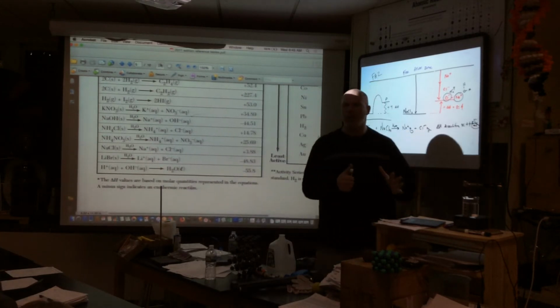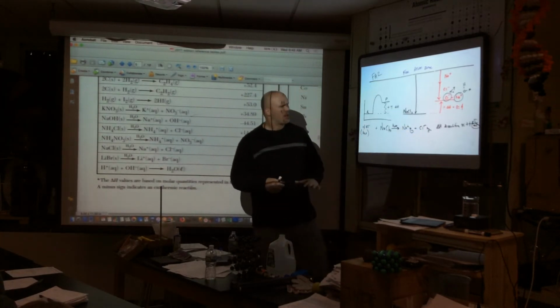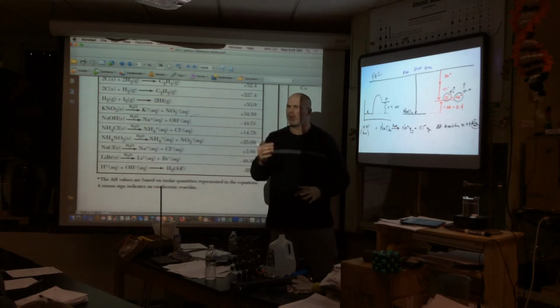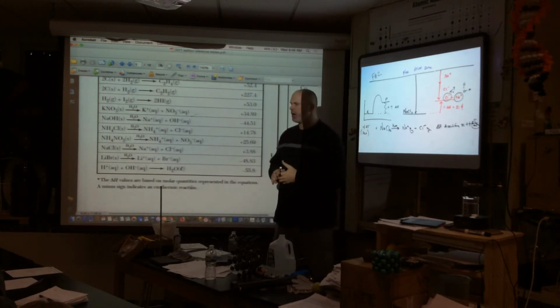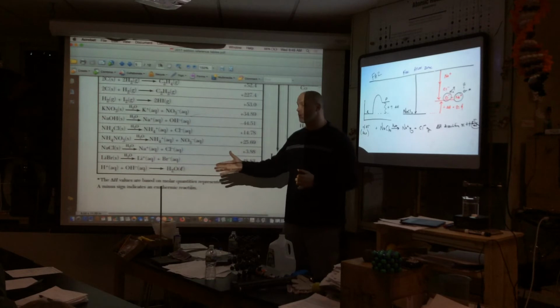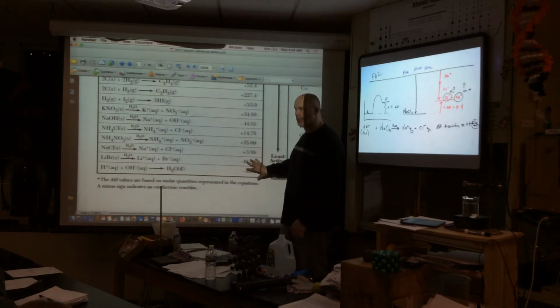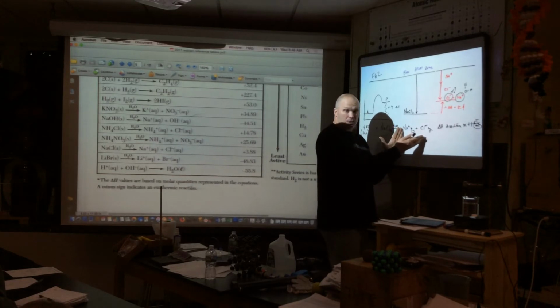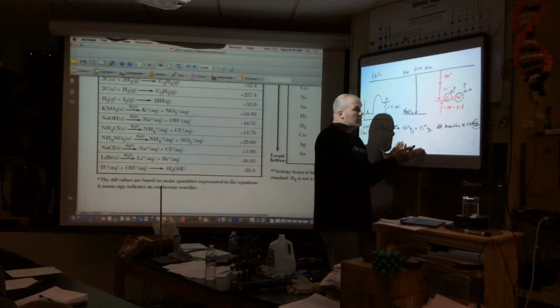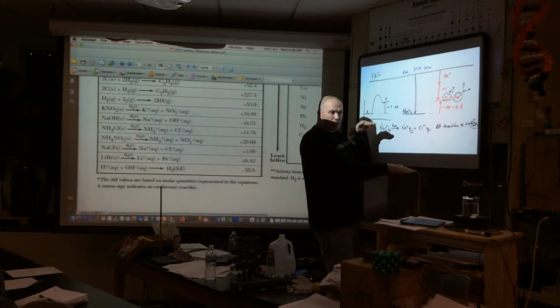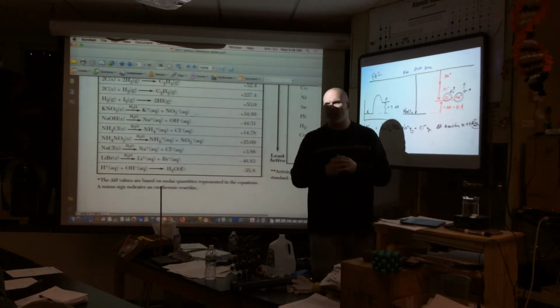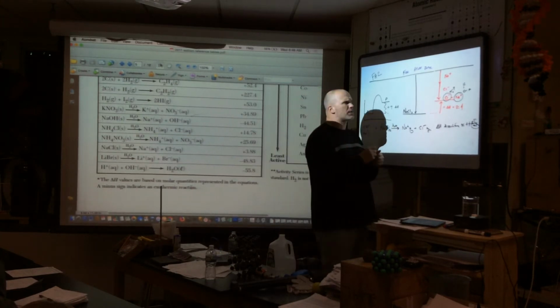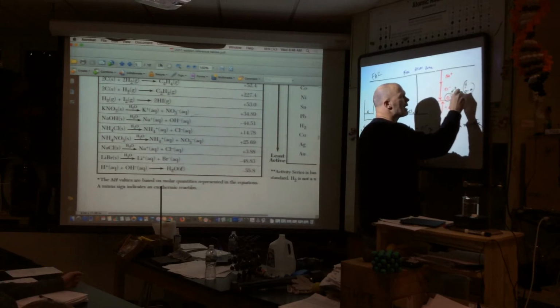So when we look at heats of formation and heats of dissolution, you must be able to explain why the dissolution of a salt is exothermic or endothermic. If it's exothermic, you know that the ions, the products, are more stable than the reactant, because water can have a stronger, we call this molecule-ion attraction.